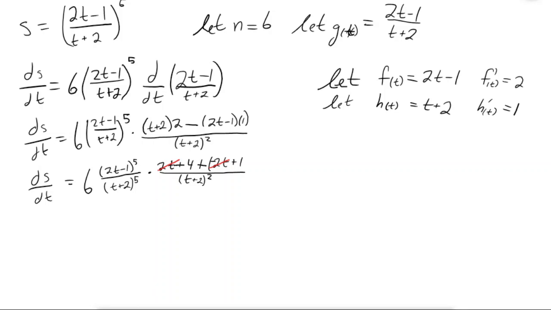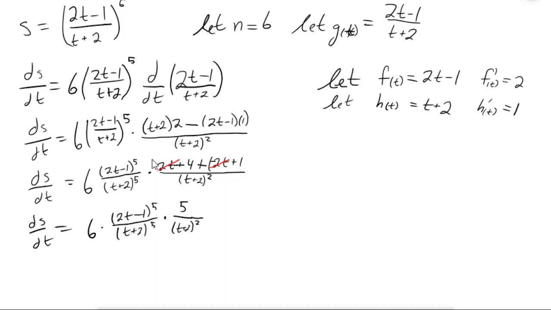So rewriting that once again, we have the derivative of s with respect to t is equal to 6 times (2t minus 1) to the power of 5 over (t plus 2) to the power of 5, multiplied by 5 over (t plus 2) to the power of 2.